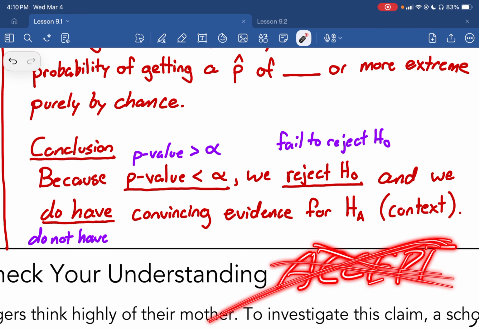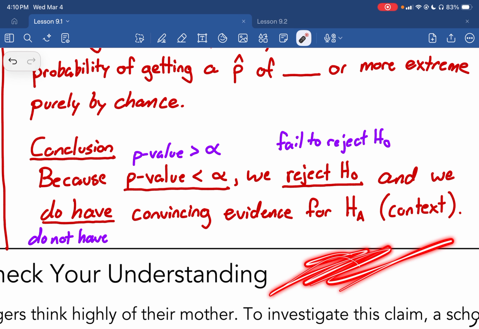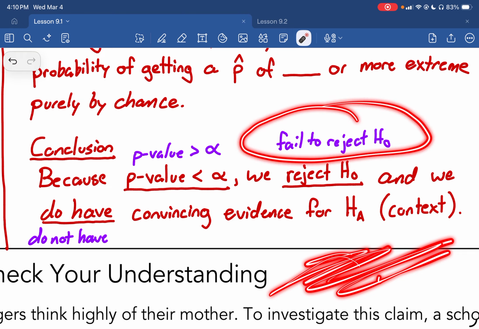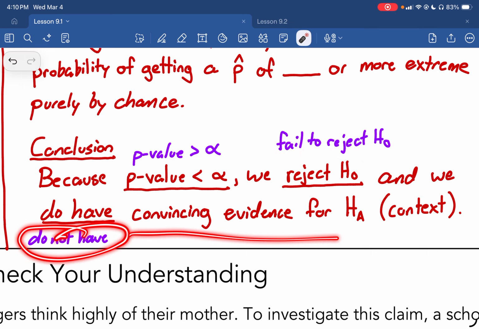That is bad, because we could do more simulations, more trials, and maybe this changes. We don't know for sure. We never accept. We can say we failed to reject, though. Failing to reject the null does not mean the null is true. It just means we cannot reject it. In other words, we don't have convincing evidence of our alternative. That's all that's saying.